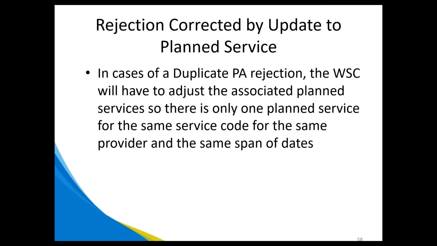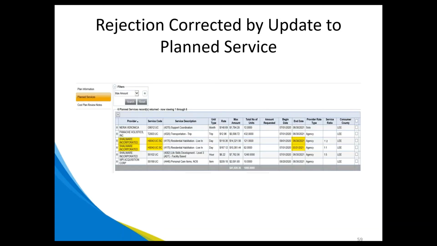It may be that perhaps you have personal supports 1-to-1 and personal supports 1-to-2, because sometimes they're home alone and sometimes they're home with a roommate or a sibling, and you might have to adjust that to be personal supports 1-to-1 and the personal supports negotiated rate. So you're going to have to look at those scenario by scenario to figure out exactly what needs to be corrected.